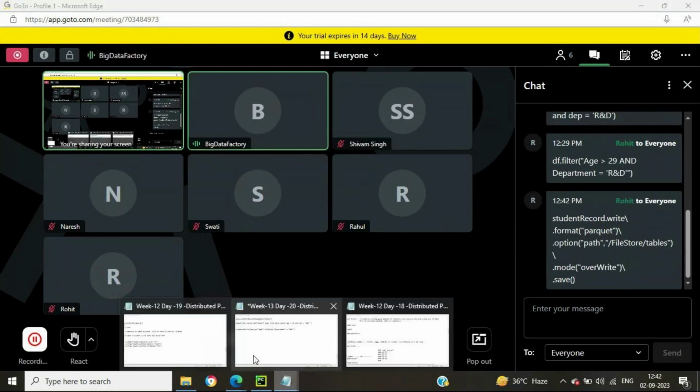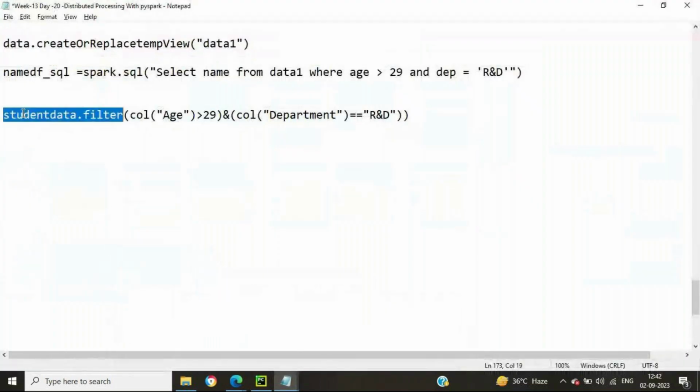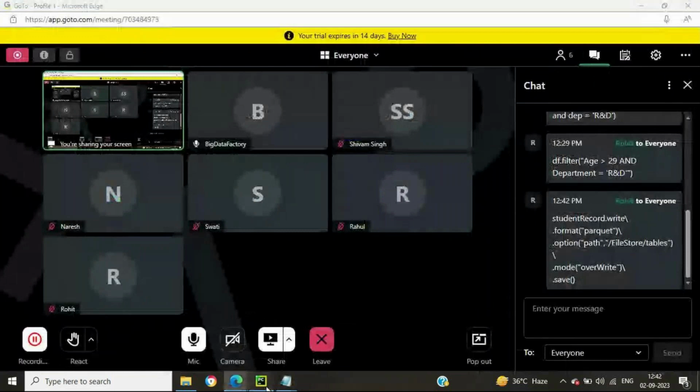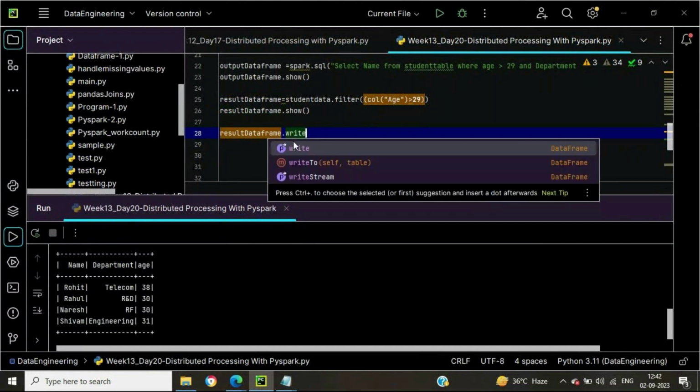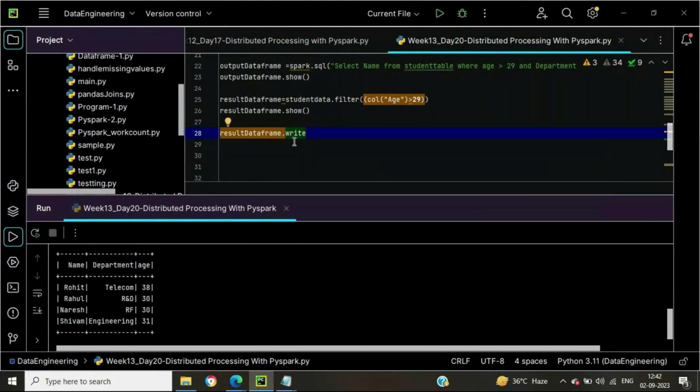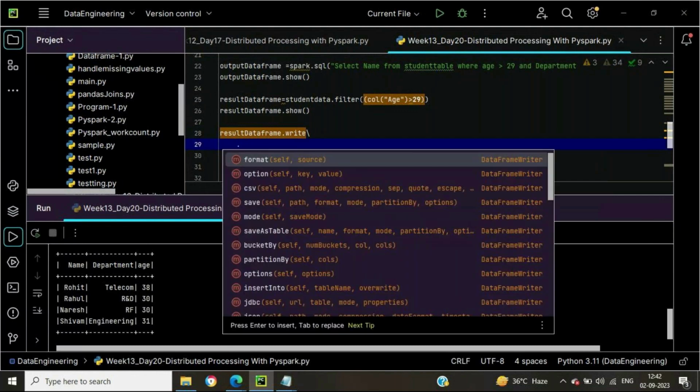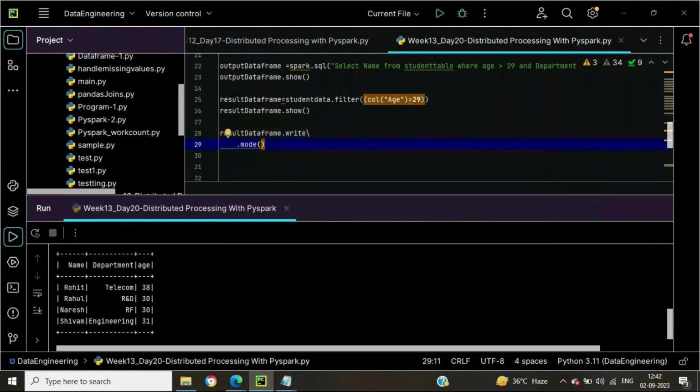That is the result data frame. Let me write it for you: dot write, and then dot mode. Let me use overwrite mode. Overwrite. How many write modes are there in PySpark?